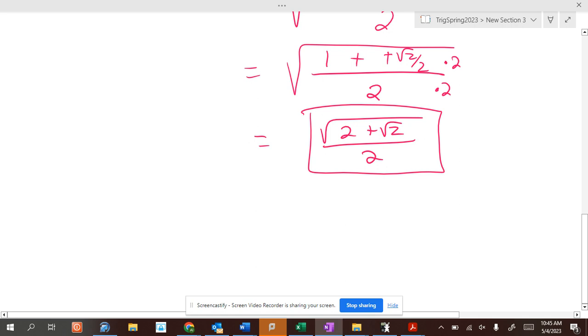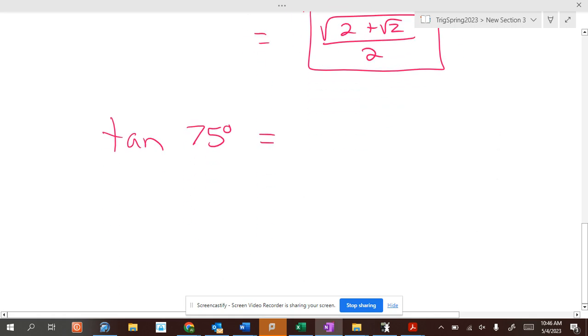All right. So we're good on sines and cosines then with this, right? Tangent of 75 degrees is the same as the tangent of 1/2 of what? 150.